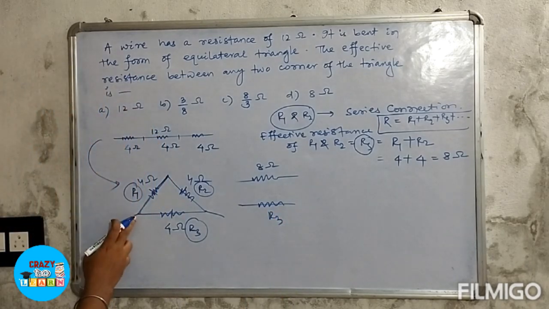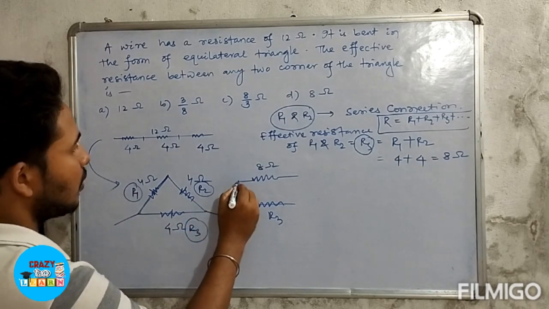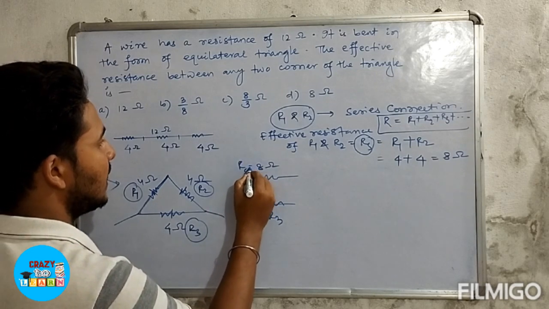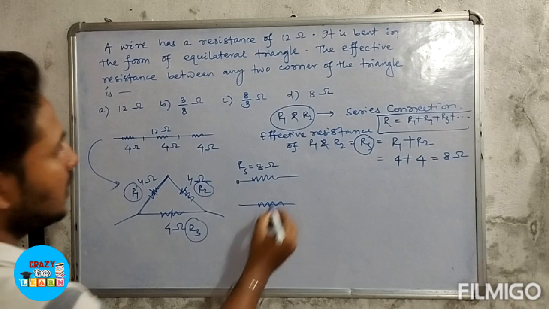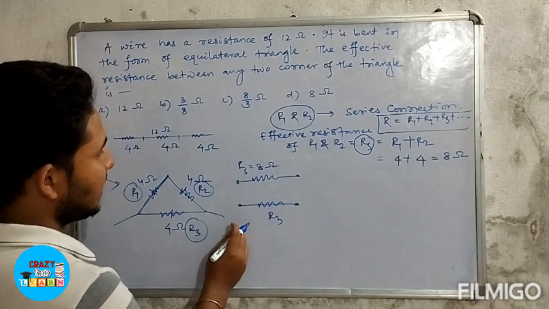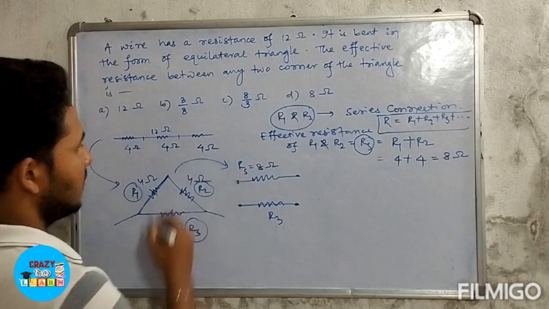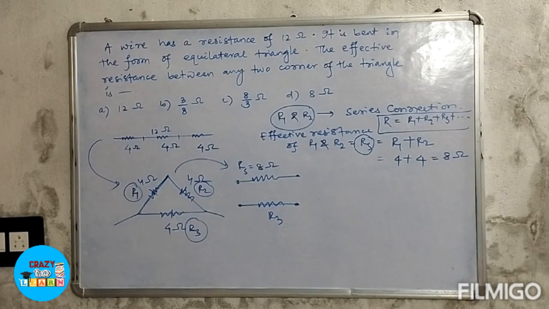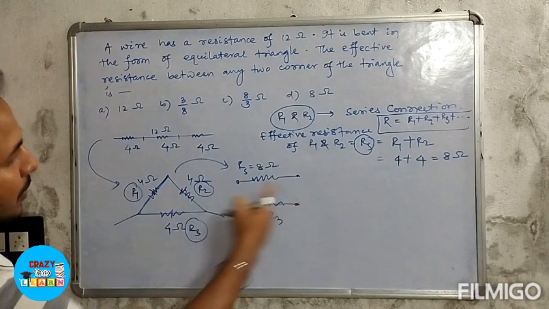If you go to the two corners, RS is equal to 8 ohm. R1 and R2 combined to form RS, and R3 is at the bottom part.